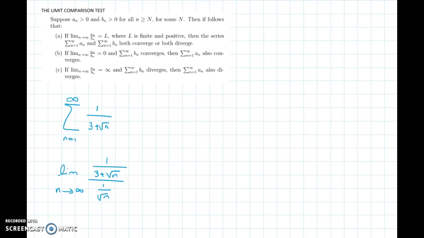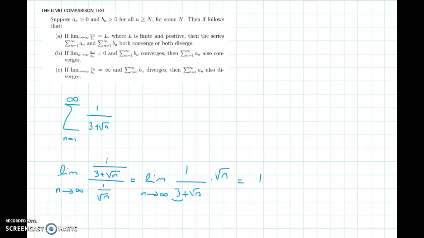We know that the sequence in the denominator is associated to a series that is divergent. And when we are looking at this limit, let me write a little bit more: 1 over 3 plus square root of n times square root of n. Well, the limit of all this is just going to be 1. This 3 over here is not going to be relevant as n approaches infinity.